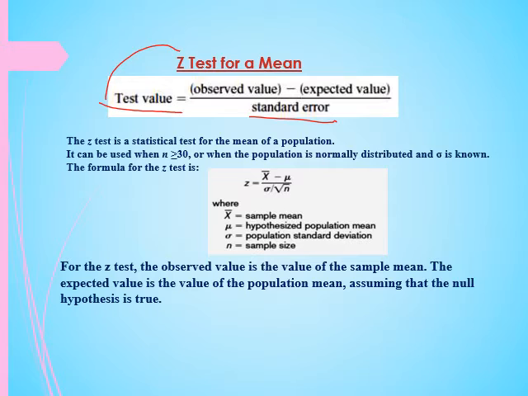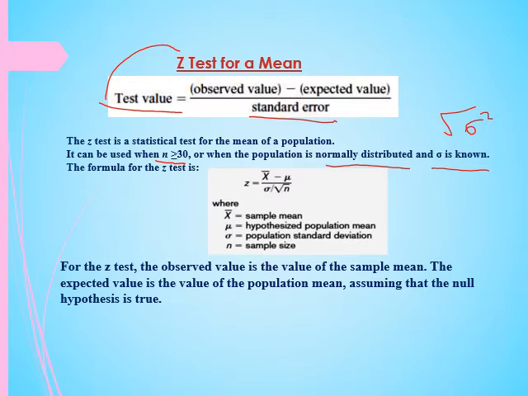The z-test is a statistical test for the mean of the population, and it can be used when the sample size n is greater than or equal to 30, or when the population is normally distributed and sigma is known. Sigma is the square root of sigma squared, the variance of the population.